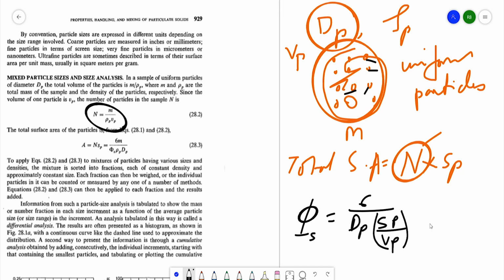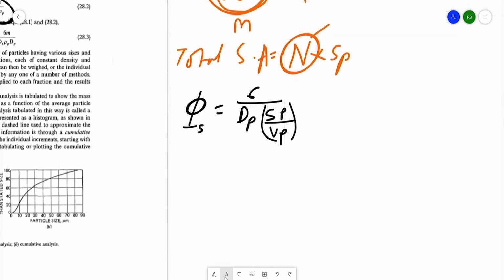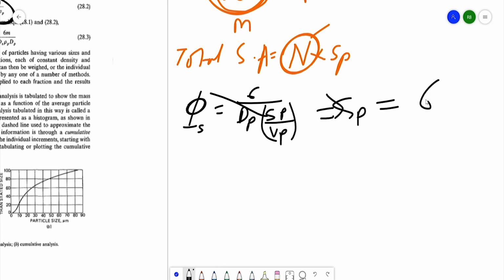With just a little bit of rearranging, you can easily find it. So I will do a little rearrangement here in terms of Sp. Just move Sp here. Sp is equal to 6 Vp by dp phi s. We have got the surface area of each particle in terms of other things.